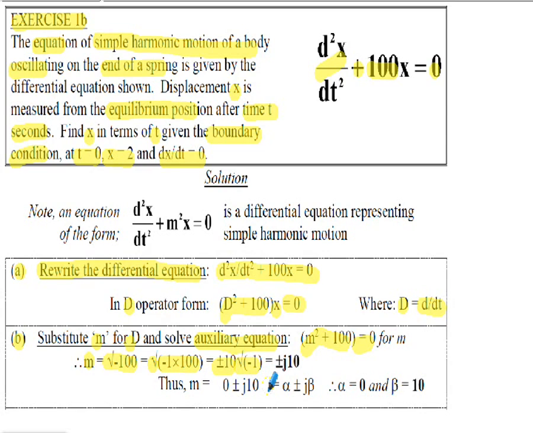And don't forget from our complex number work, the square root of negative 1 is written as j. So we can write the solution as plus or minus j10. So in this particular question, m is equal to 0 plus or minus j10. That's of the form alpha plus or minus j beta, so alpha in this case will be 0 and beta will be 10.